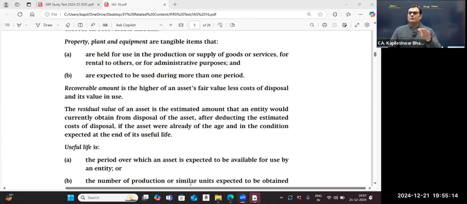Just the clause A and the clause B. Let me know once you've read, then I'll put the question to you.